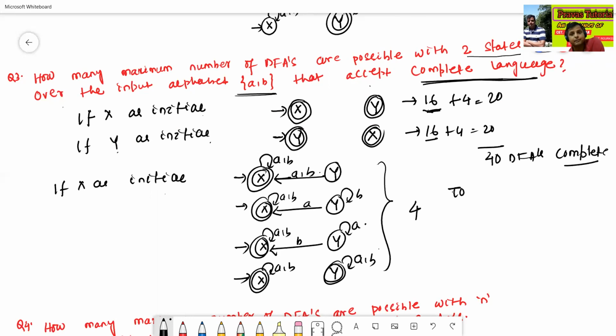My total number of DFAs is 128. If 2 states and 2 input symbols are there, out of 128, 40 DFAs accept only the empty language, and 40 DFAs accept the complete language.